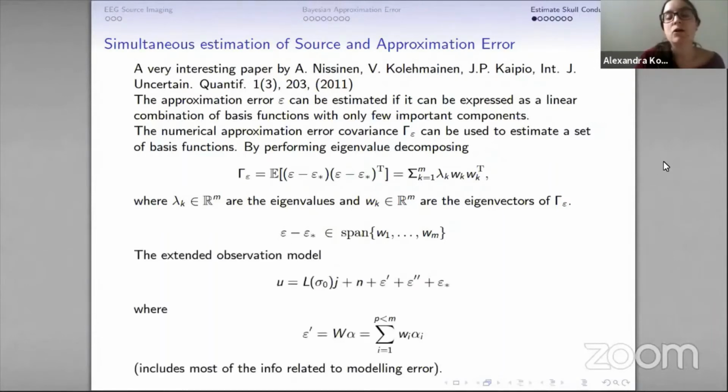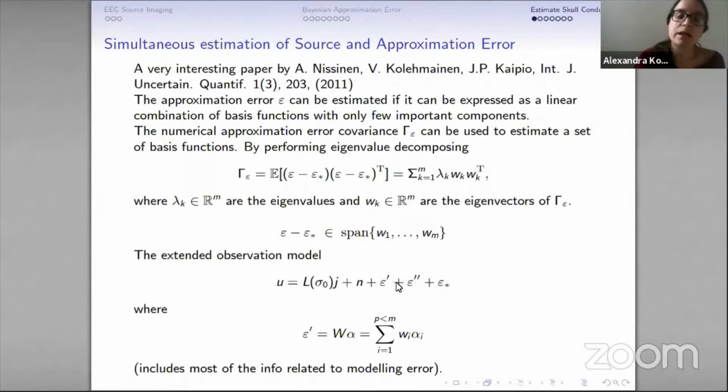And then in our extended observation model, the approximation error can be further decomposed into epsilon prime plus the mean of the approximation error.